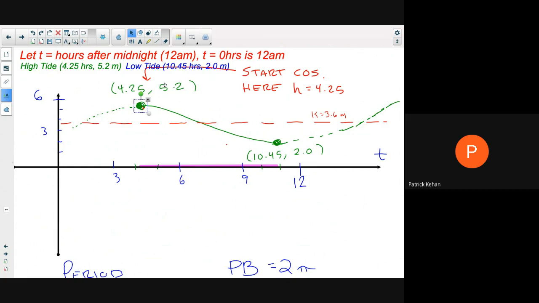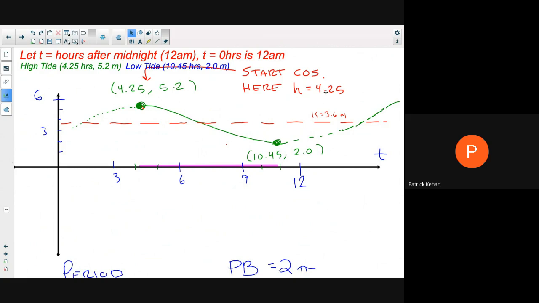I'm going to choose to start with a cosine function because it just makes life a lot easier. If you start with a sine function, sine functions start at the line of oscillation and increase, which means you would have to start at this point, and we don't know what this time value is for this point right here. So because of that, I don't want to work with the sine function. So I'm going to define my H value as 4.25 hours.